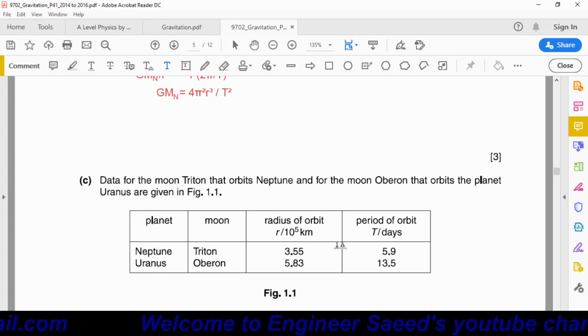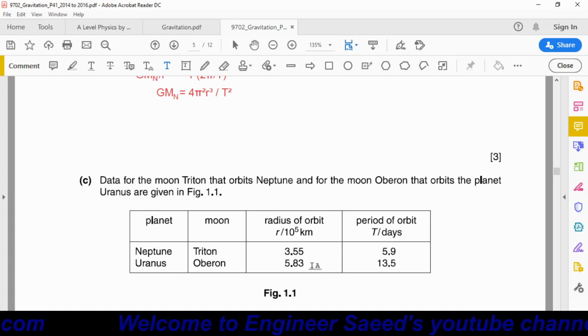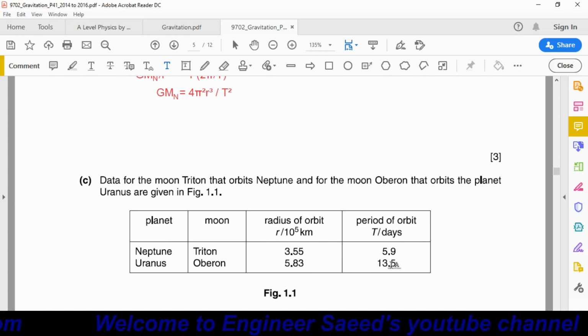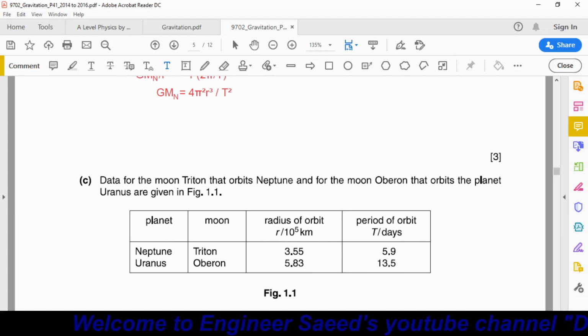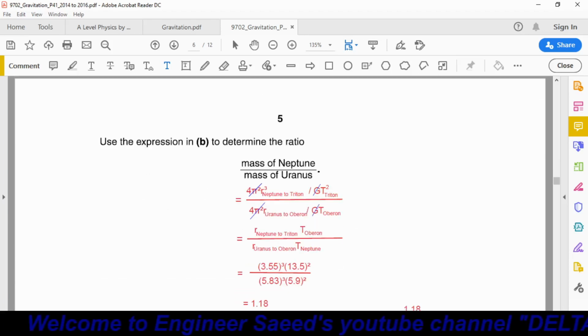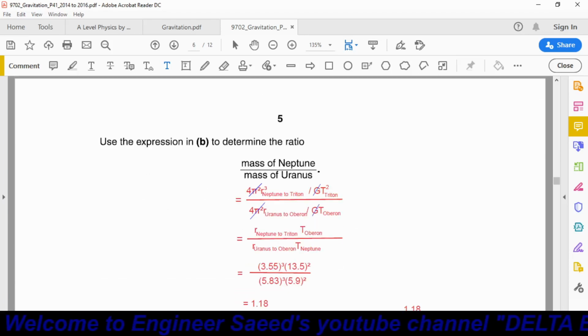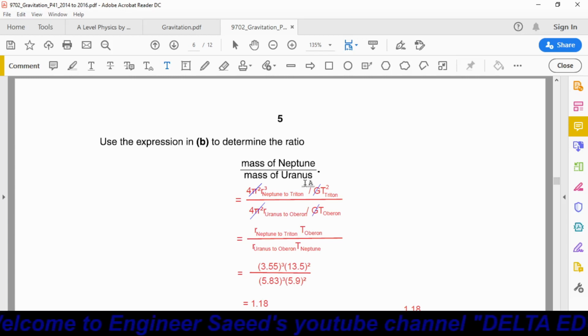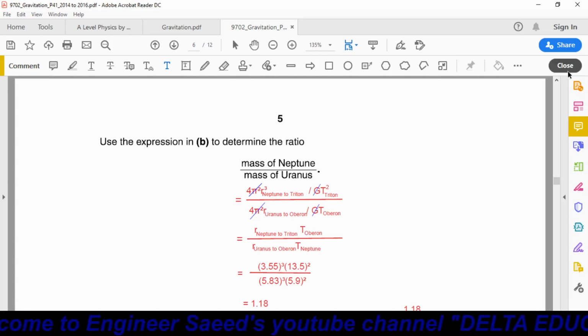Radius and time period for both the moons are given here. Use the expression in B to determine the ratio of the mass of Neptune divided by the mass of Uranus.